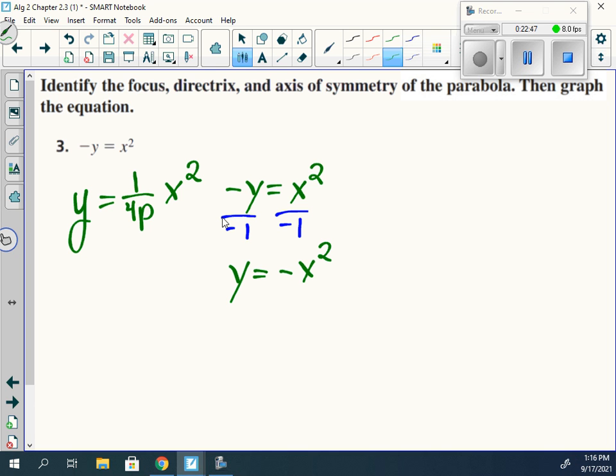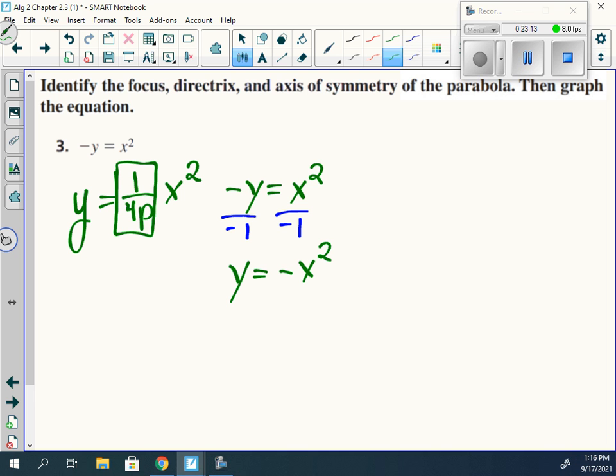So the main thing we wanted is that the value in front of y is positive. So now our equation is in a similar form to the general equation, yes?